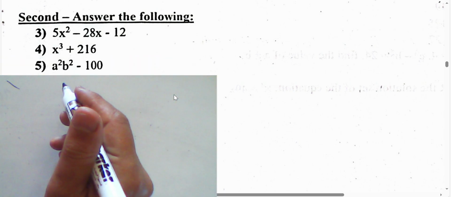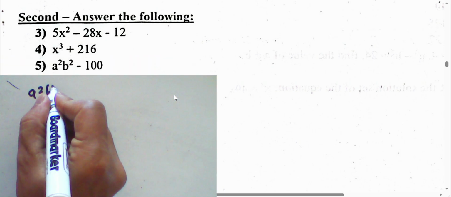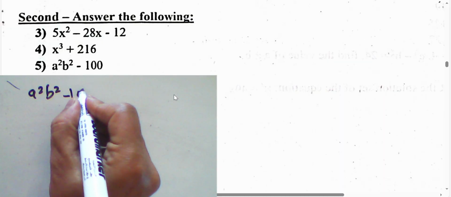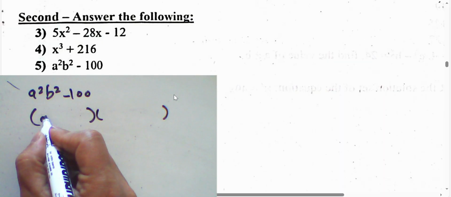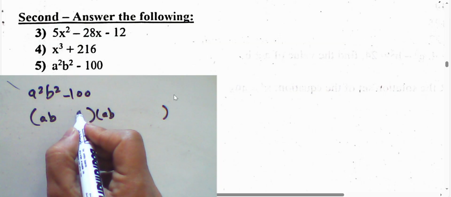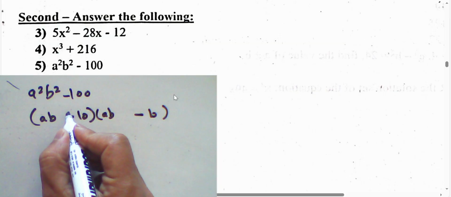We have the difference between two squares, p² subtract 100. We can factorize this: the square root of the first, the square root of the second, negative and positive.